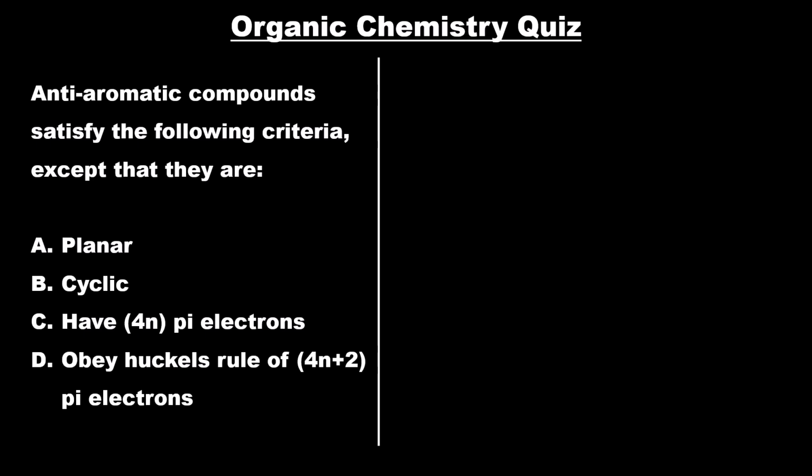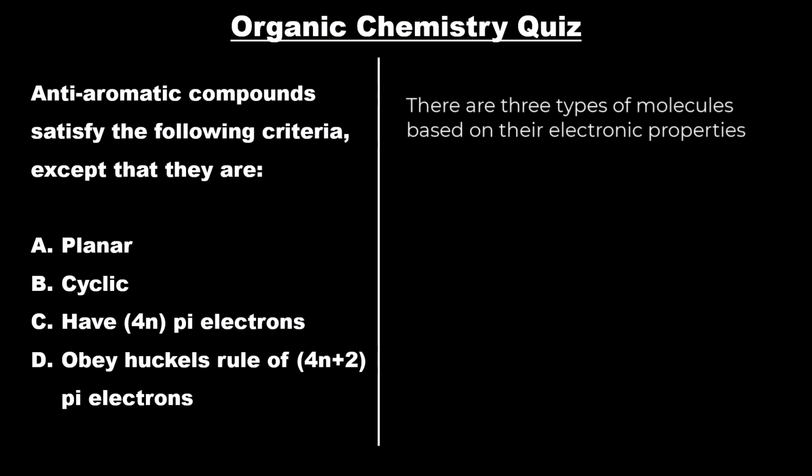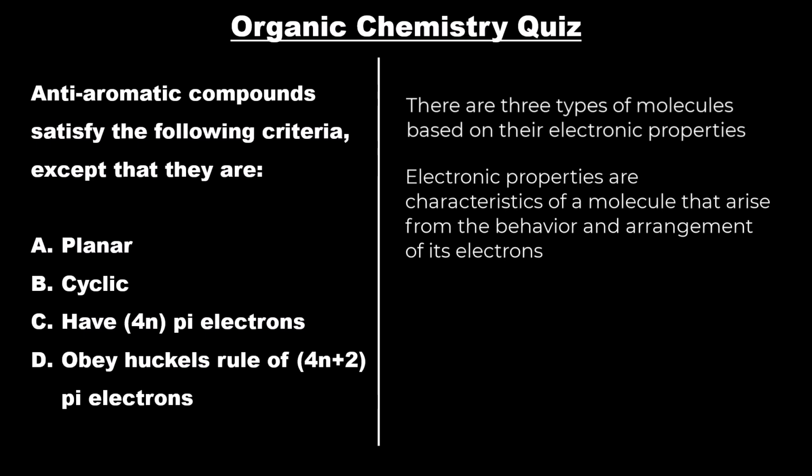Well, before we get to picking the correct answer, we have to know that we can actually categorize molecules into 3 types based on their electronic properties. And when we say electronic properties, we are referring to the characteristics of a molecule that arise from the behavior and arrangement of its electrons.